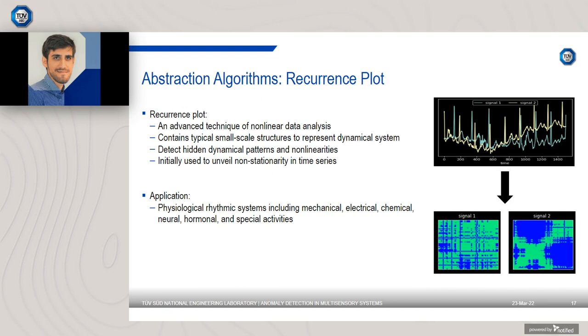Recurrence plots are also known as a very useful method for analyzing linear dynamic systems with nonlinear features. They can be used to analyze physiological rhythmic systems. We have different examples in mechanical, electrical, chemical, and spatial activities.